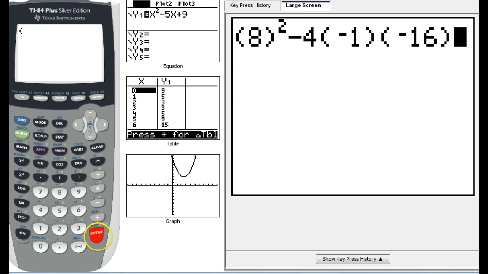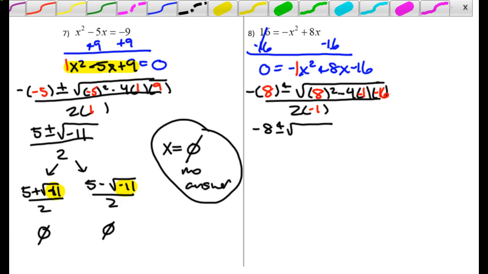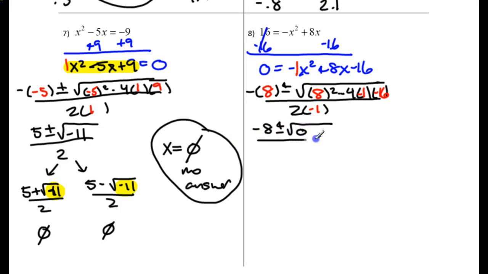And all that will equal 0. And then on the bottom, here we have 2 times negative 1, which is negative 2.